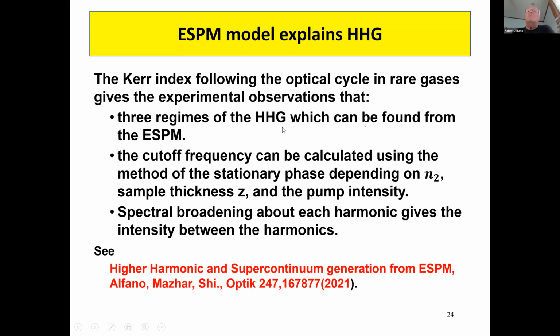It explains the 3 regimes that can be found in the electronic cross-phase modulation model based on the response time of the Kerr medium. That's the key to developing the simpler model for generating HHG. And you can find a lot of this work in the paper on the bottom here.